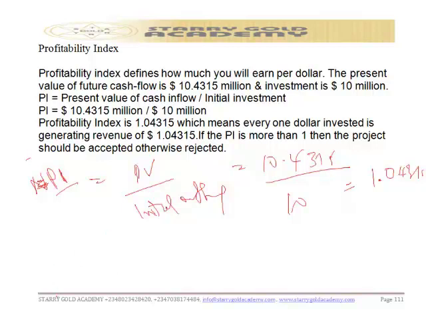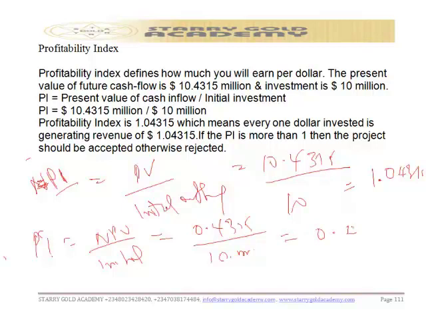Another way we calculate profitability index is by using net present value over initial outlay as well. Here we have 0.4315 over 10 million, so our answer will be 0.04315.